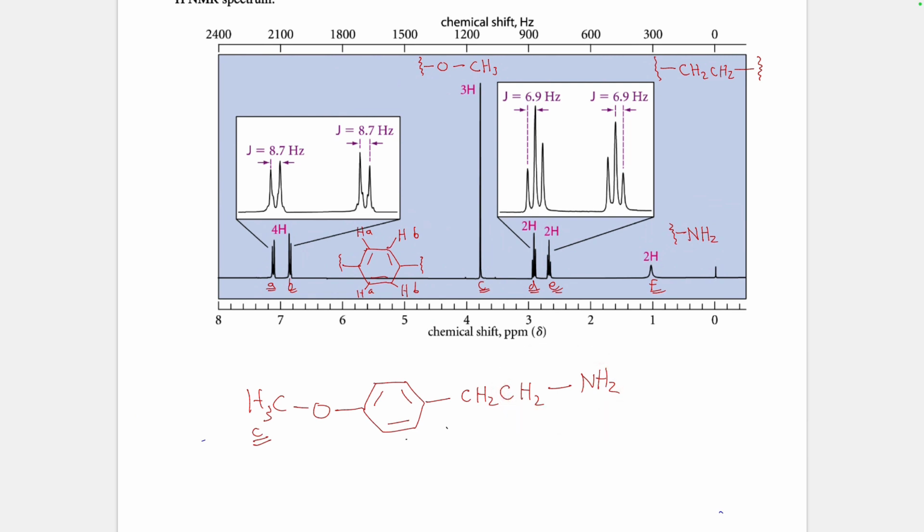Nitrogen deshields to about 3 parts per million, whereas being attached to an aromatic ring is more like 2.5 at most. So the best assignment for chemical shift here would be to give the D signal to that CH2 and the E signal to that one. The two H's on the nitrogen are going to be labeled over here. So the nitrogen gets the F signal.